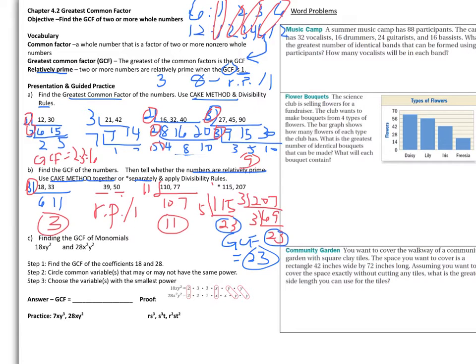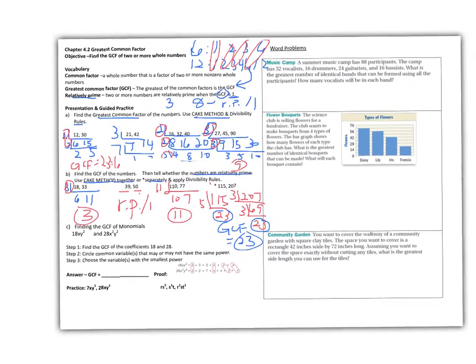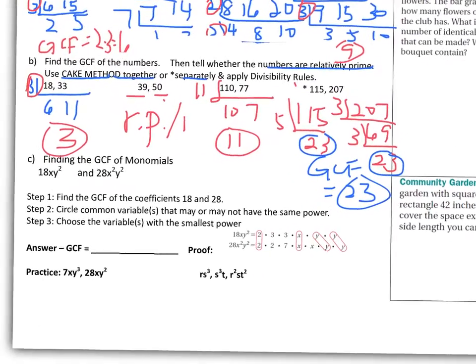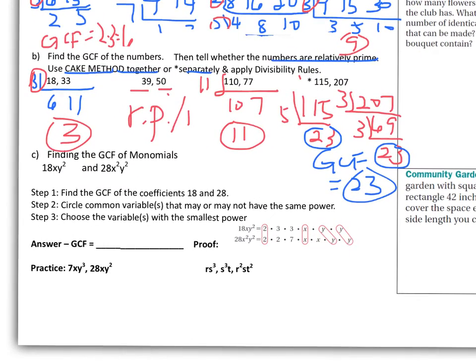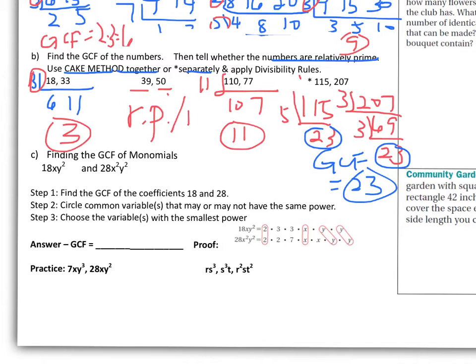Let's move down. Now we need to find the GCF of the monomials. Between 18 and 28, we need to find the GCF. 2, 9, 1, 4, and that's it.